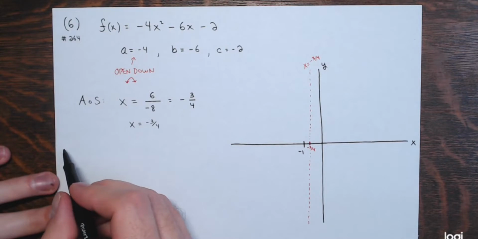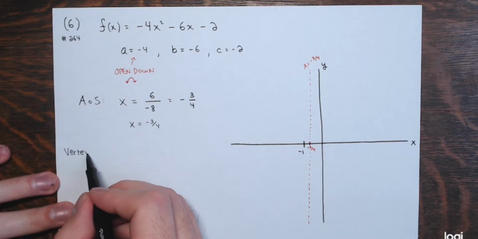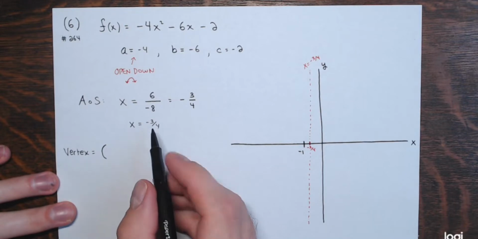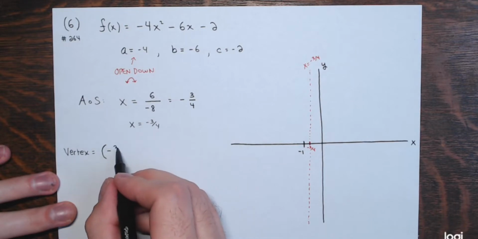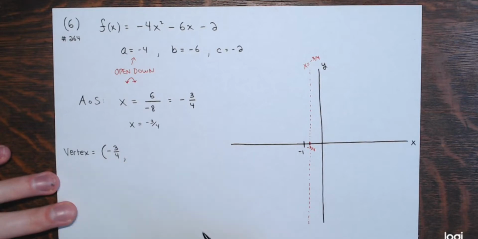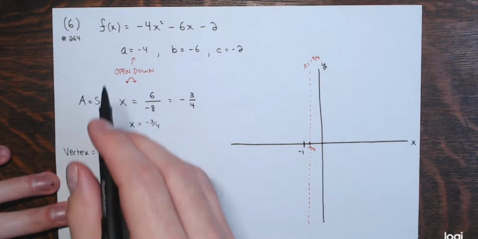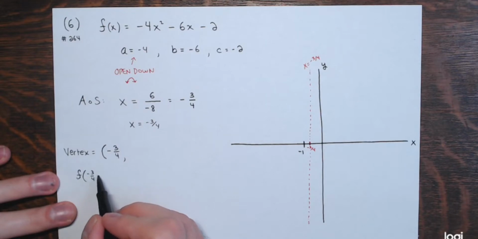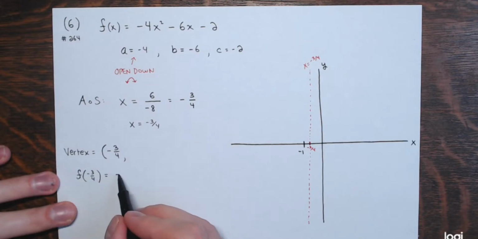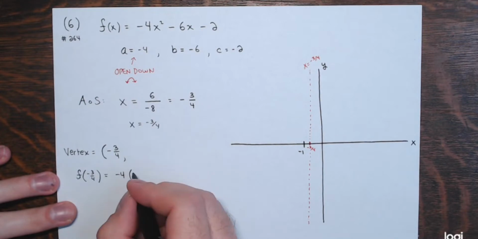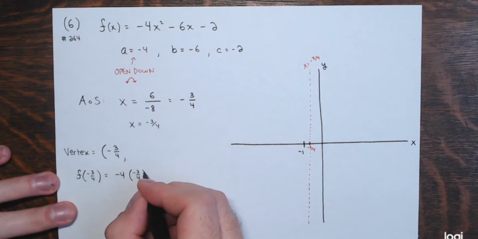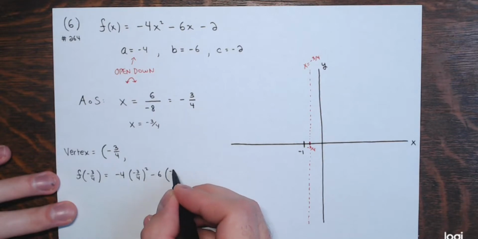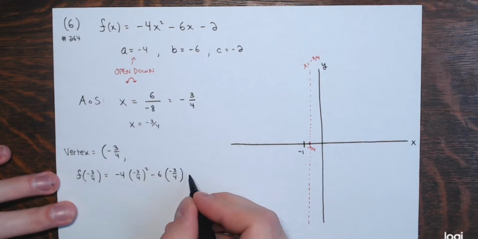Now we'll find the vertex. I know the x coordinate of the vertex is going to be negative 3/4 or negative 0.75, and we plug it in. What is f of negative 3/4? That's negative 4 times negative 3/4 squared, minus 6 times negative 3/4, and then minus 2.